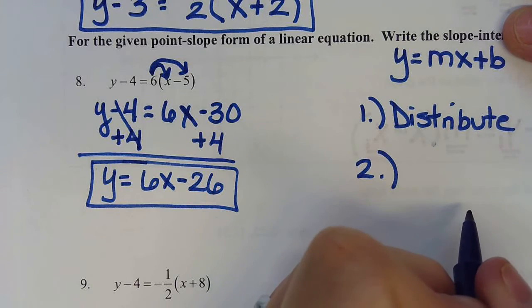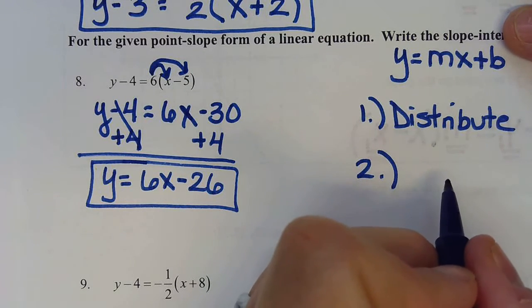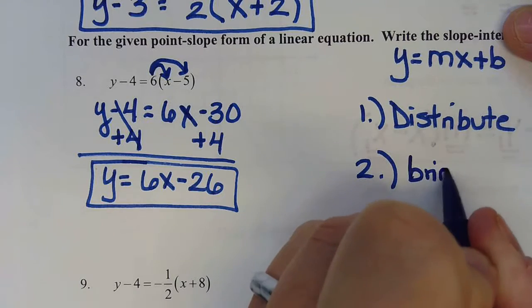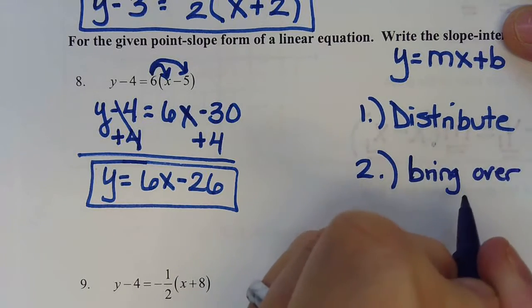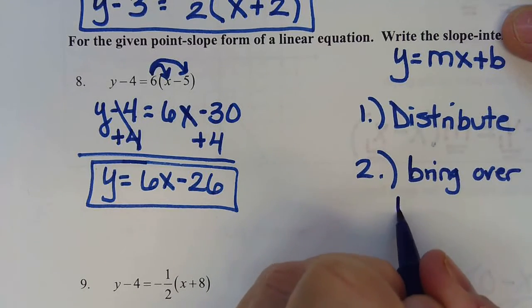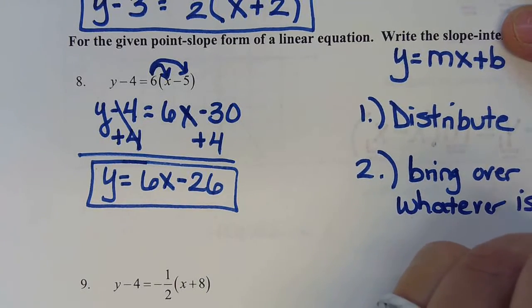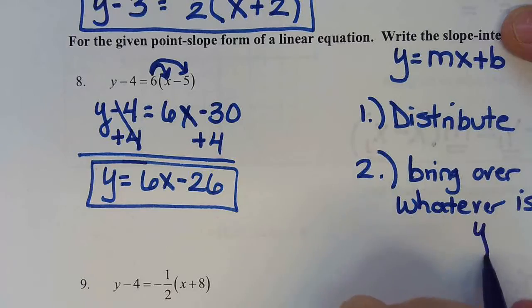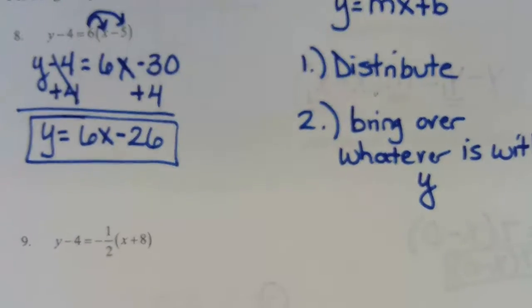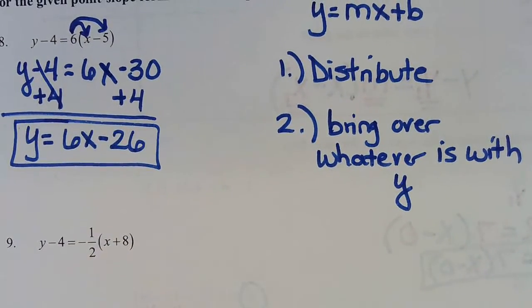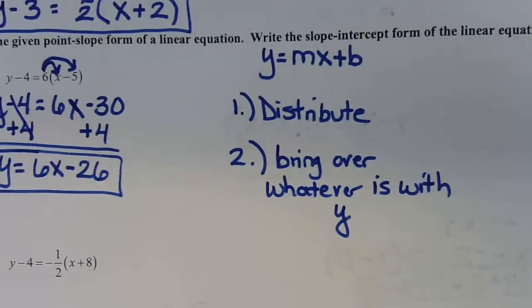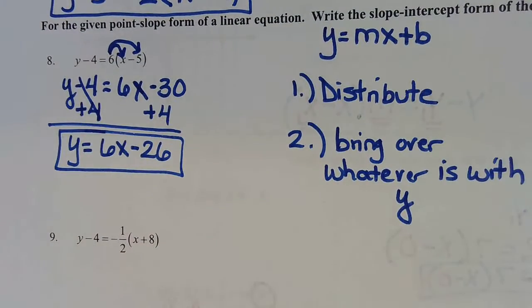How do you describe that? Bring over whatever is with y. There's my little steps. Step 1, you're going to distribute. Step 2, whatever is with y, bring it on over using the opposite operation.